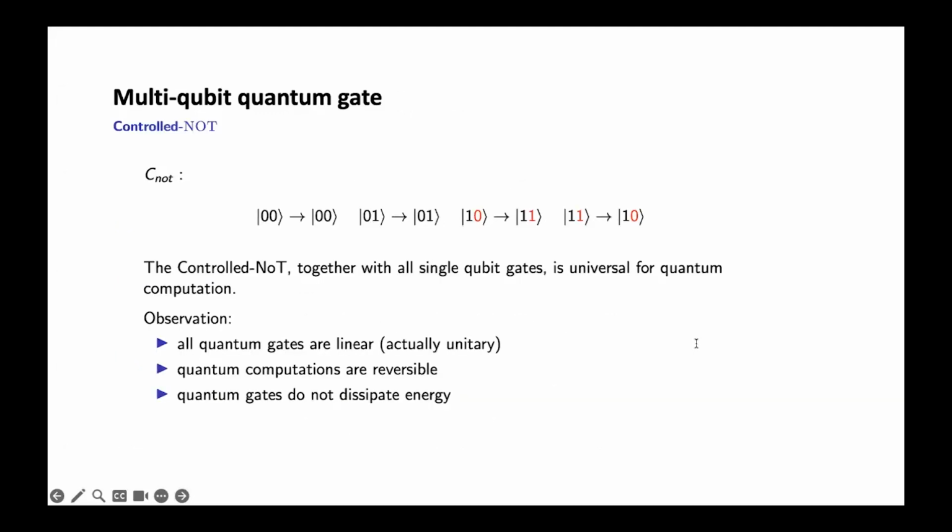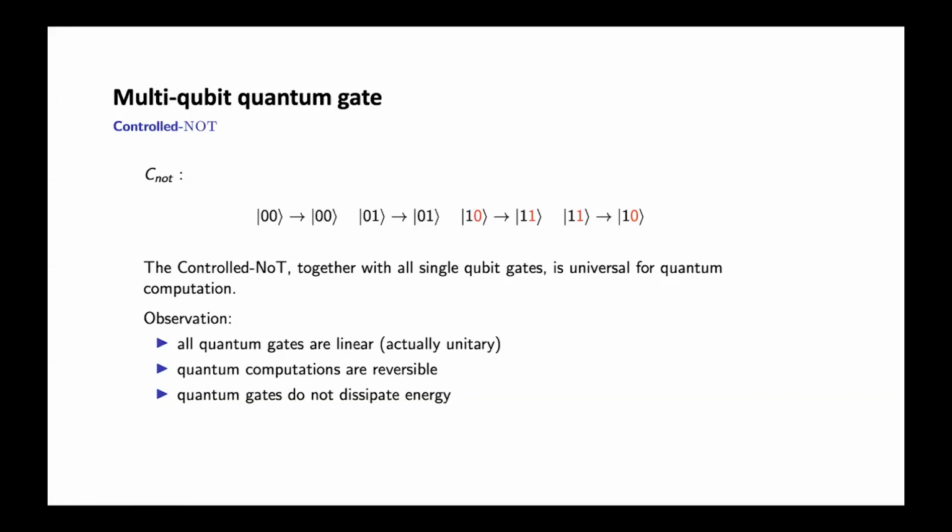So let's go to the next topic. The next topic is multi-qubit quantum gates. What I want to emphasize here is that it turns out that if you have this gate, which is called the controlled-NOT, together with all single qubit gates, it's a complete gate set.